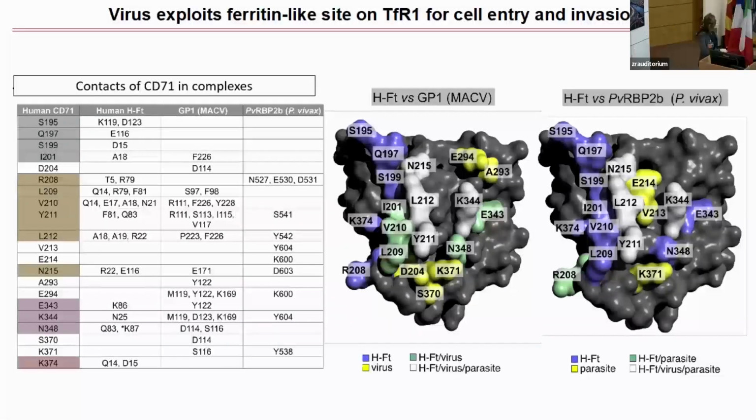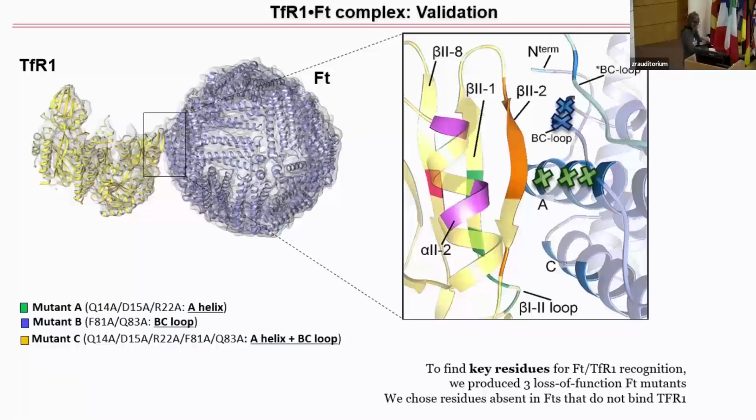Again, the common contacts are always in the center of the receptor, and are the ones that are exploited for the recognition, both in viruses and also Plasmodium. So this is really a crucial region for affinity and specificity.